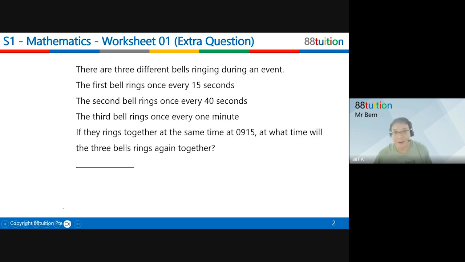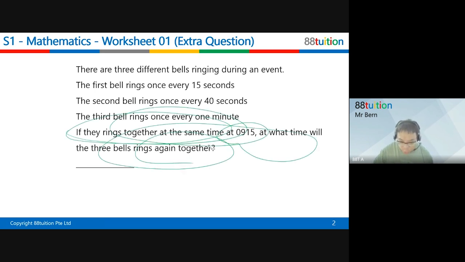This is our question. Can you see or not? There are 3 different bells. The first bell rings every 15 seconds. Dong. The second bell rings every 40 seconds. Dong. The third bell rings every minute. Dong. If they ring together at the same time, what time will they ring again together?